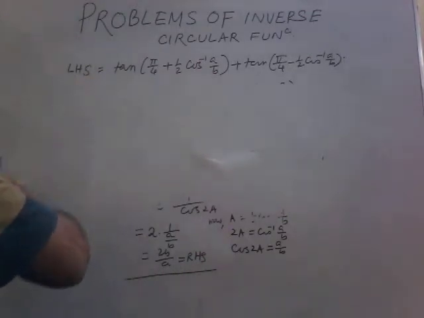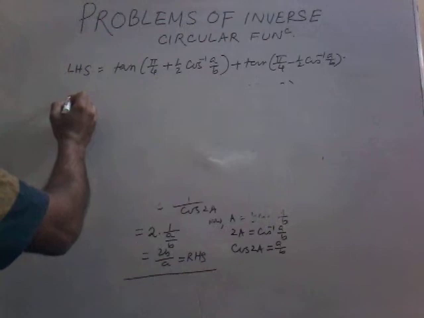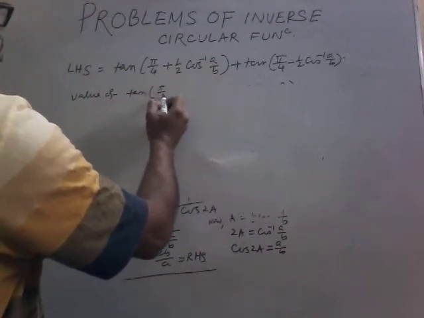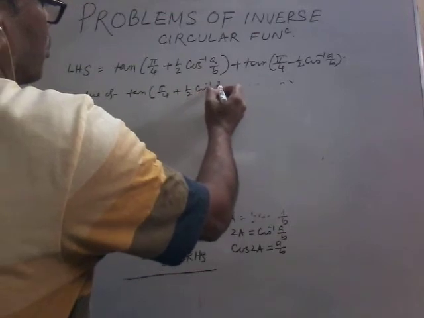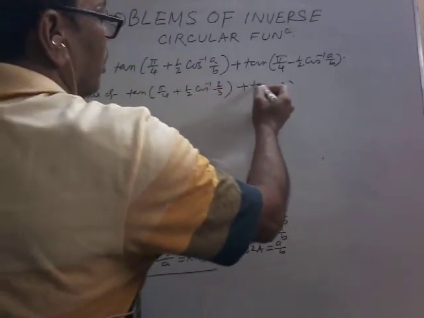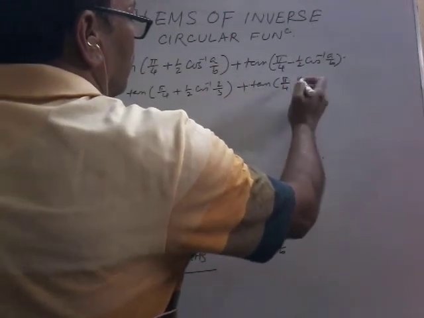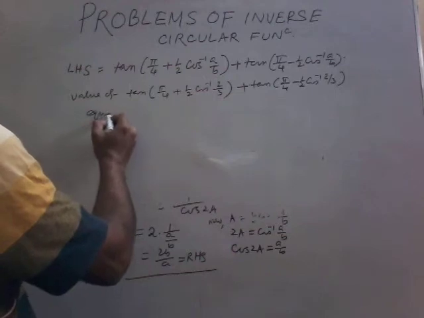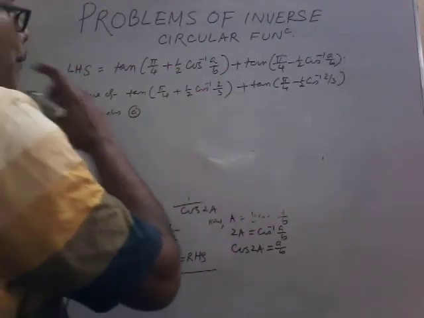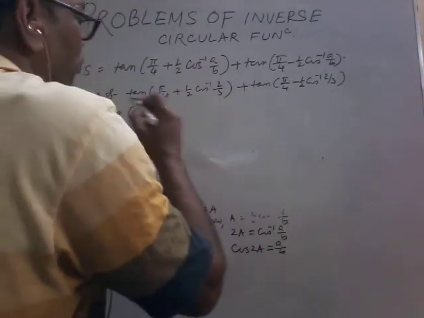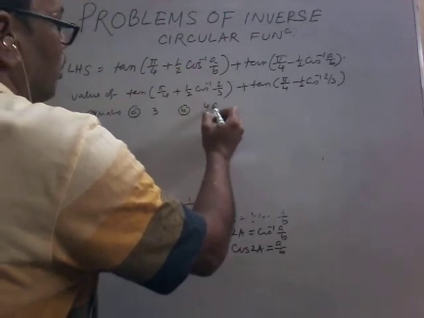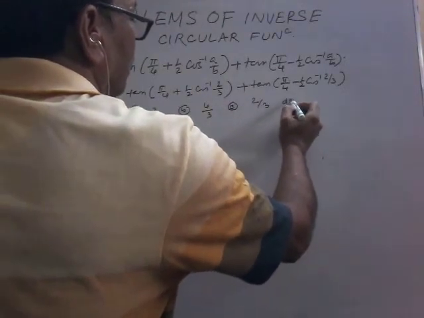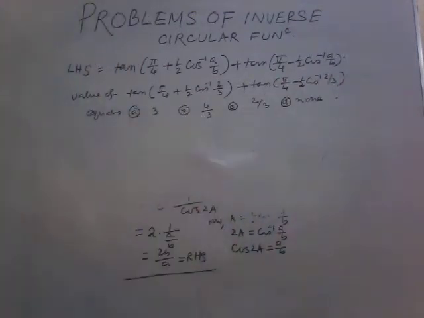So look at the application. What is the application of it? The value of tan(pi by 4 plus half cos inverse 2 by 3) plus tan(pi by 4 minus half cos inverse 2 by 3) equals, with the options 3, 4 by 3, 2 by 3, none.